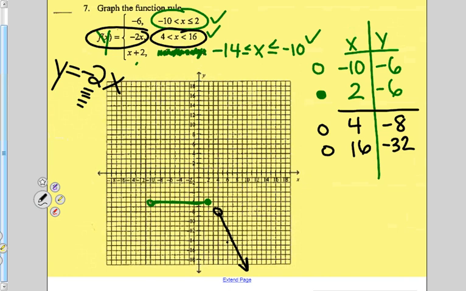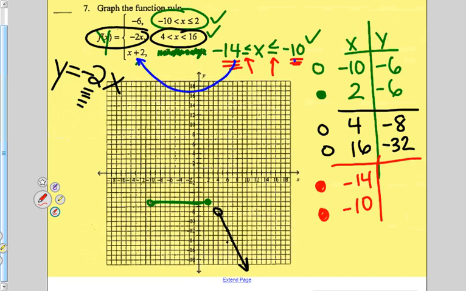The other one is the line x plus 2. We'll do that one in red. So its left endpoint is -14. Its right endpoint is -10. And what kind of circles should it have? Both closed circles. To find out the y that goes with those x's, plug these two x's into this equation and add 2.